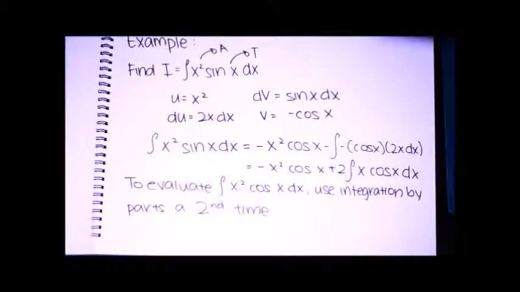Therefore, integration of x squared sin x dx equals negative x squared times cosine x minus integration of negative cosine x times 2x dx, which equals negative x squared times cosine x plus 2 times integration of x cosine x dx, and to evaluate integration of x cosine x dx, use integration by parts a second time.